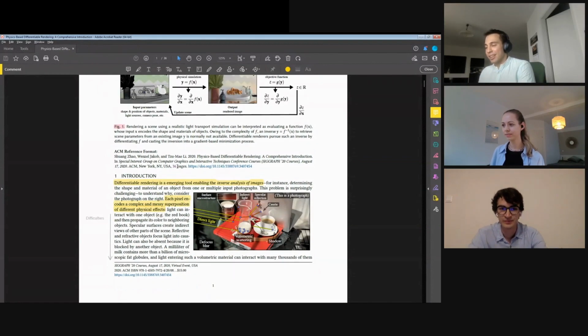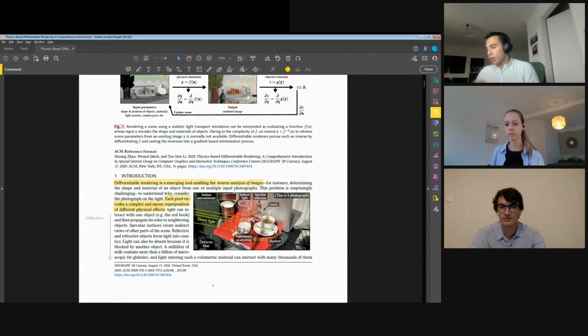I think they discuss the difficulties really well, especially if you have at least a rough understanding of what rendering is capable of. And they immediately begin discussing differentiable rendering and how it tries to analyze images in an inverse way.